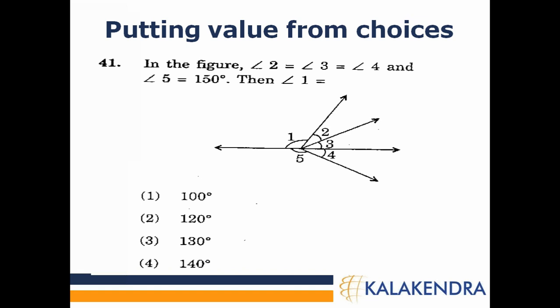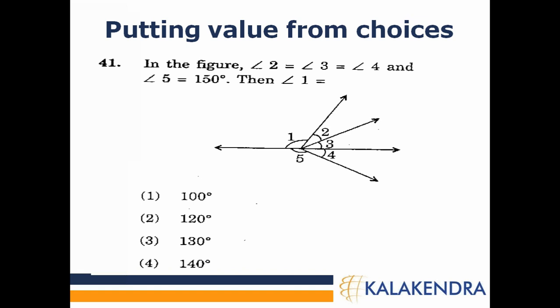So any of these answer choices could be correct. If you look at number 5, it's 150 degrees, and number 1 angle is given as 100.